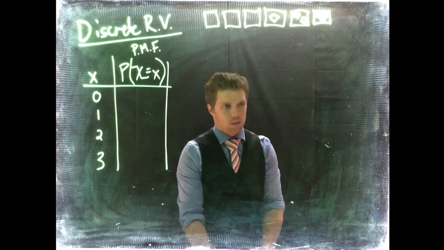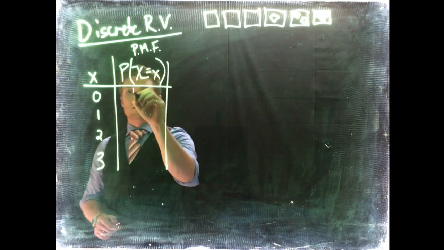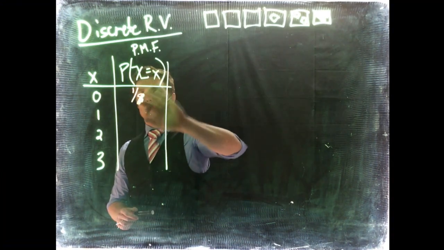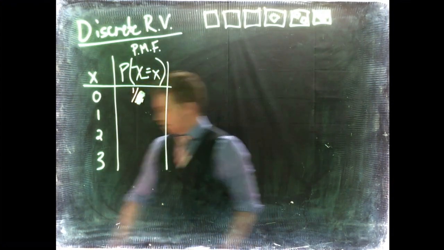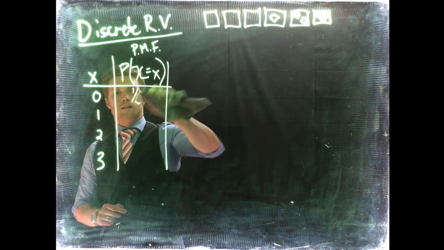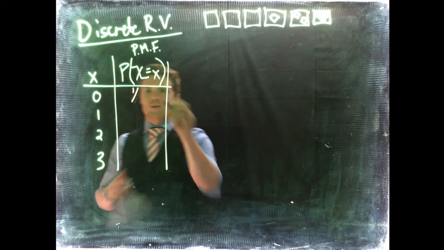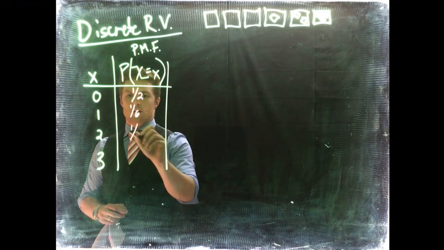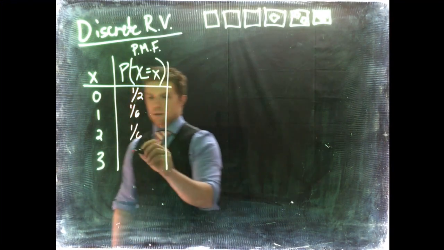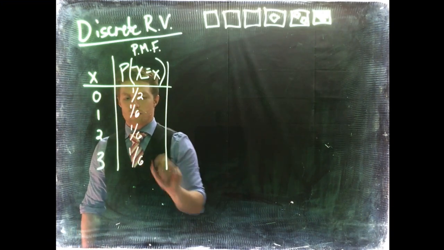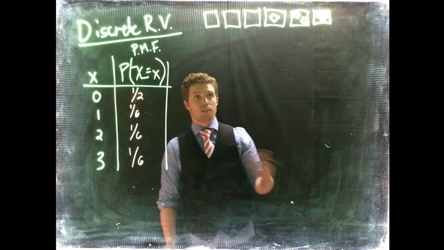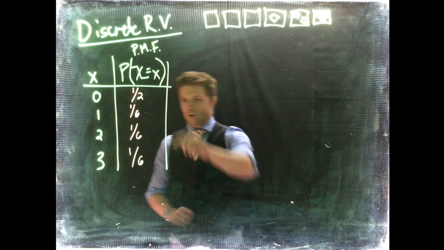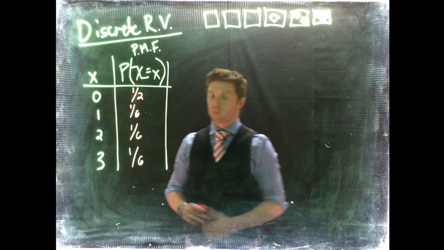Now the associated probabilities for each of these, there was a 50% chance of being 0, 1/6 of 1, 1/6 of 2, and 1/6 of 3. Which means that every time we roll the dice, 50% chance of getting a 0, 1 out of 6 for 1, 1 out of 6 for 2, 1 out of 6 for 3. All right, so that's known as our probability mass function.